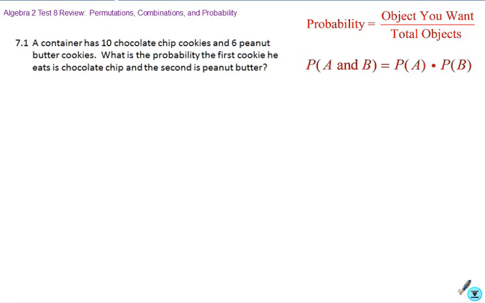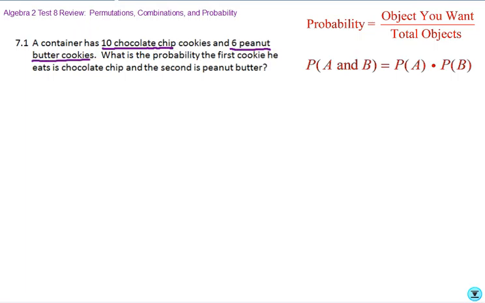Number 7 is similar to number 6 with one exception, and we're going to see here in a second what that might be. So it says a container has 10 chocolate chip and 6 peanut butter cookies. So let's see here. We got 10 chocolate chip, and then we've got 6 peanut butter.